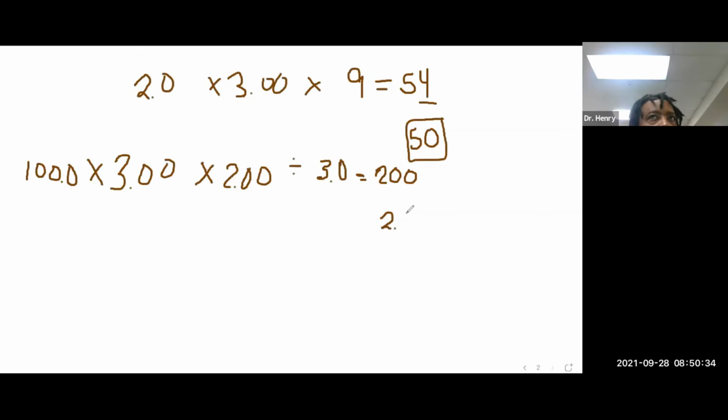So it'd be 2.0 times 10 to the second power, right? So then that would give me my 2 sig figs, because we're having significance up to this point right here.